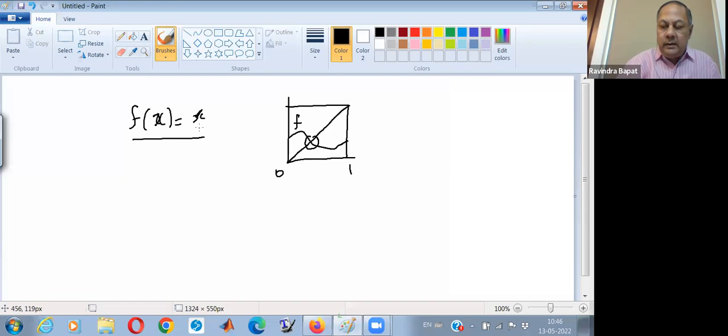And there is a more general theorem called Brouwer's fixed point theorem. You might have heard of this in topology.